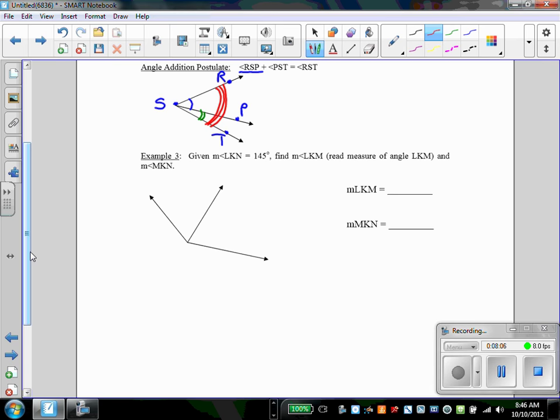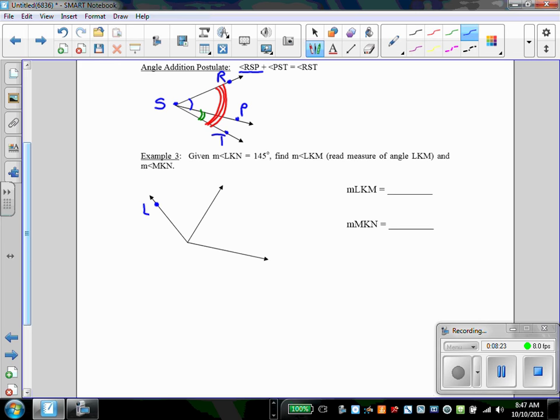Example 3. So use that angle addition postulate. It says given measure of angle LKN is equal to 145 degrees. Before I read any further, let me actually put some letters or some points on these angles.